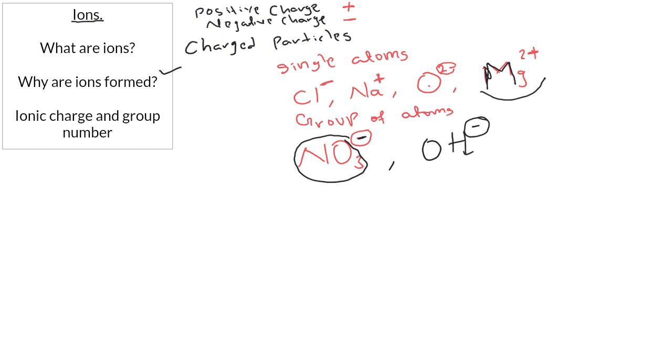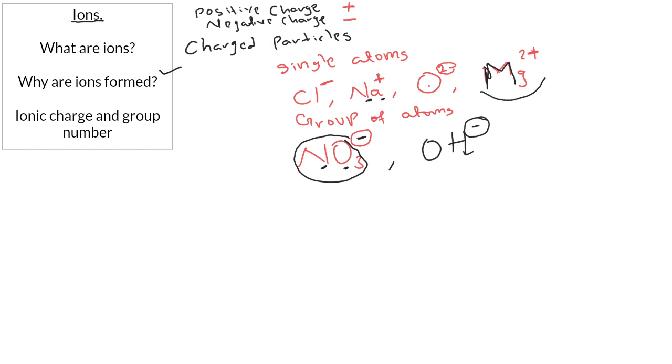The same goes for sodium, capital N with small a, a single element. However, if it is two elements, both will be capital letters, like nitrogen and oxygen here. So it's good to keep that in mind.